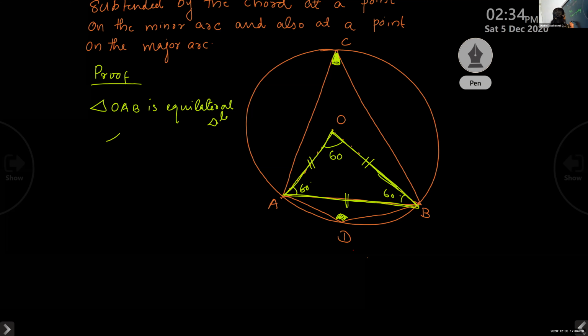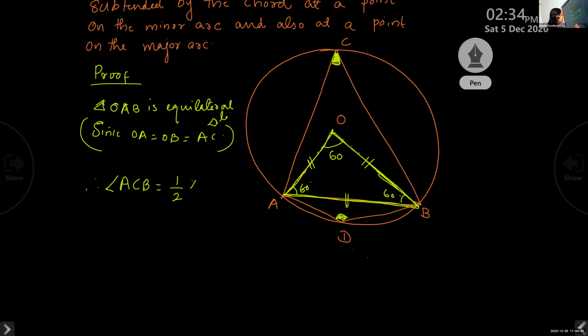I will name that angle ACB. The reason is that OA equals OB equals AB, so it became an equilateral triangle. Therefore, angle ACB is equal to half of 60, and it is 30 degrees.